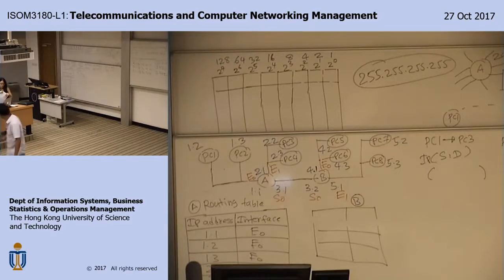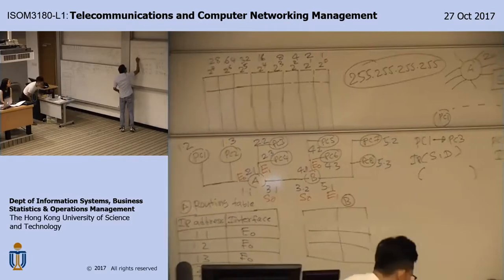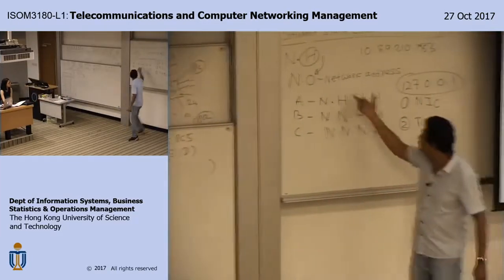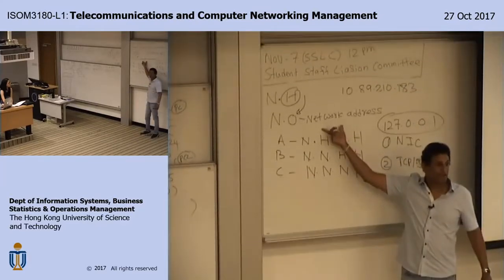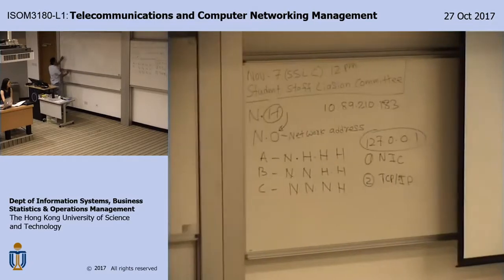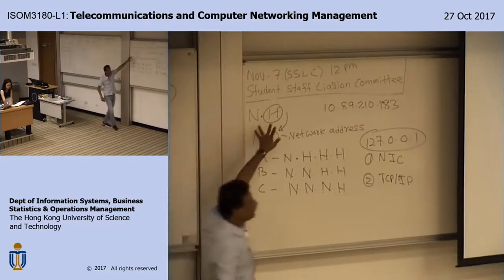The solution is we don't keep n.h, we don't keep the IP address in the routing table. We convert h to 0, and once we convert h to 0, we call it the network address. Instead of having the IP address in the routing table, we keep n.0.